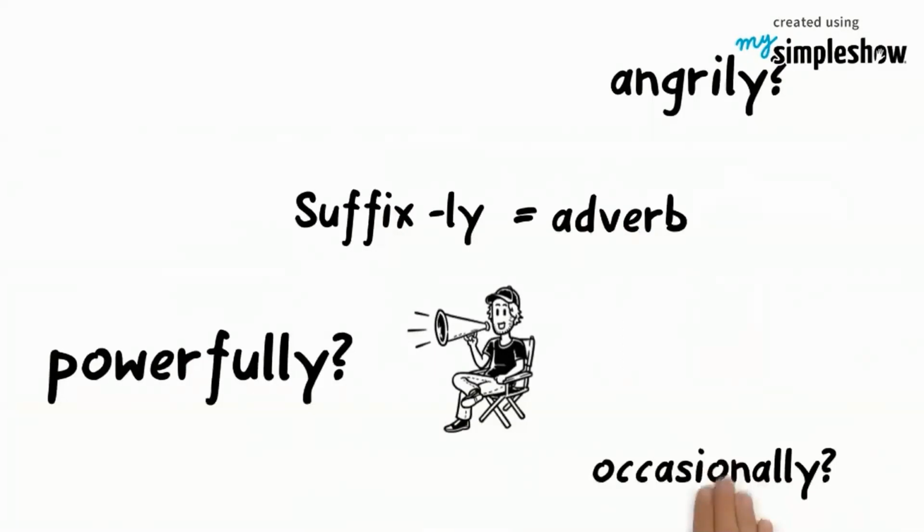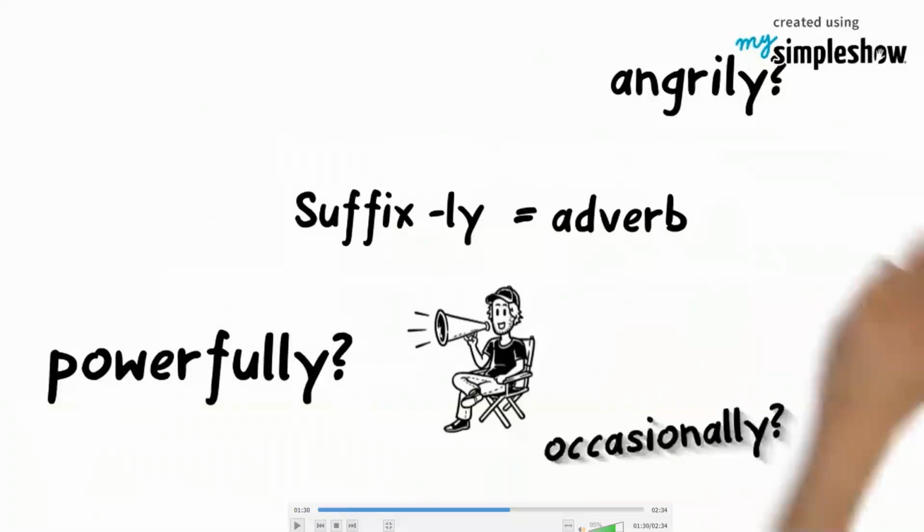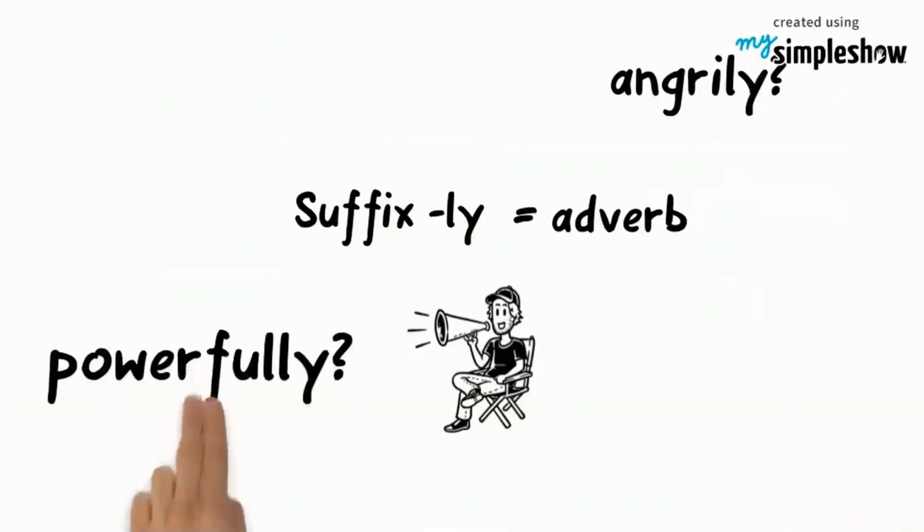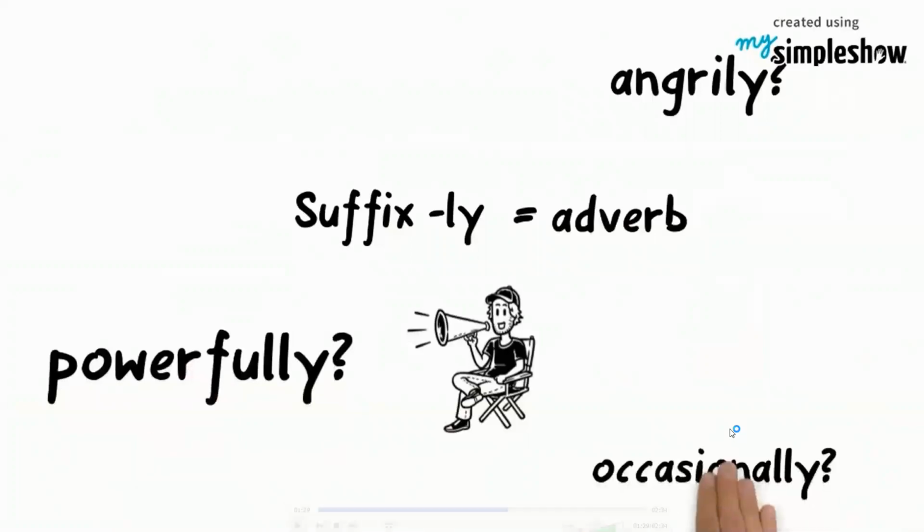Next. Not only would the suffix ly turn your adjectives, or let's say your words, into adverbs of manner. When you say adverbs of manner, they tell you how an action is done. At times, they could also denote time, like this one, occasionally.